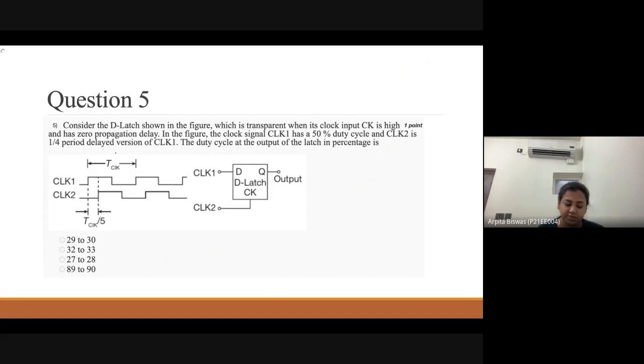So first, the concept. First write down the concept of how to calculate the duty cycle.